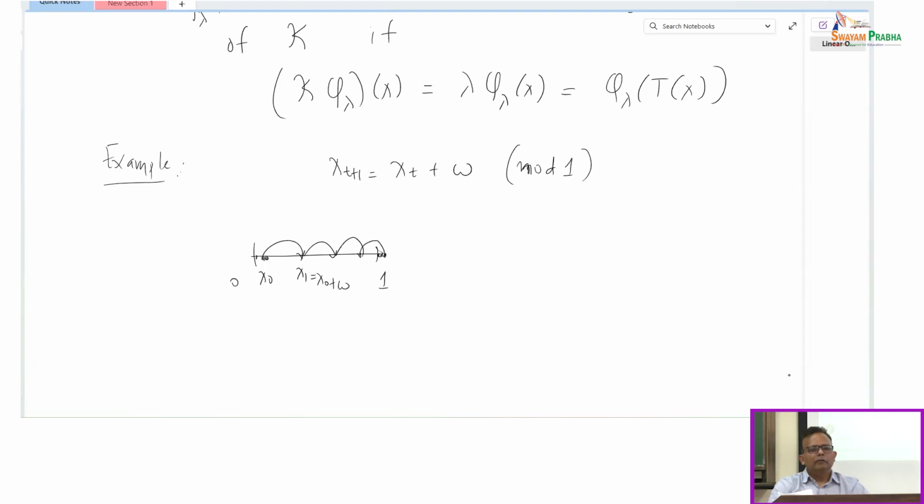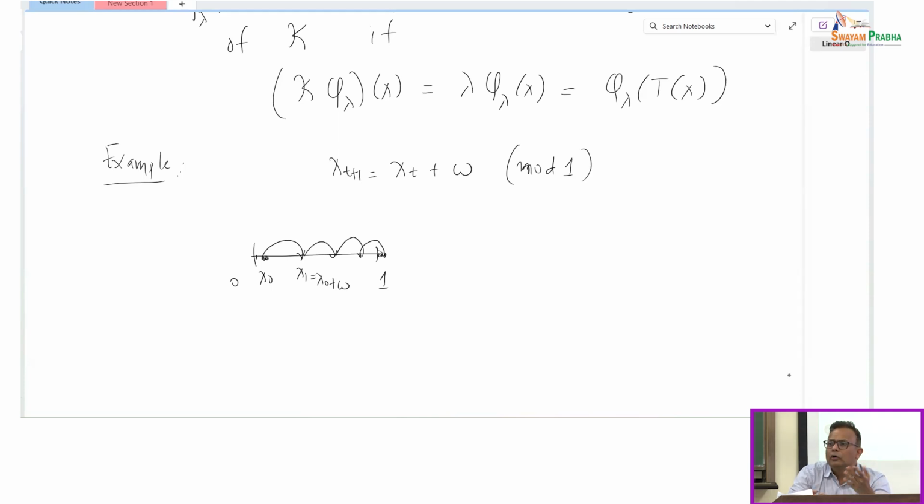So the orbit for omega irrational will be dense in 0, 1. Dense means that if you take any point in 0, 1 and construct any epsilon ball, with any arbitrarily small epsilon, the orbit of this system will come within the epsilon neighborhood of that point.